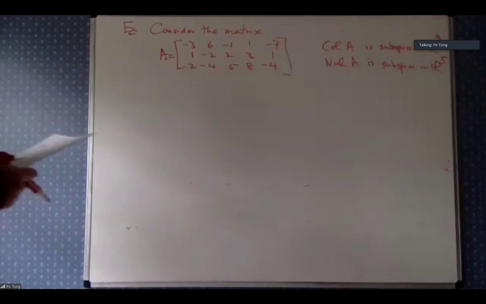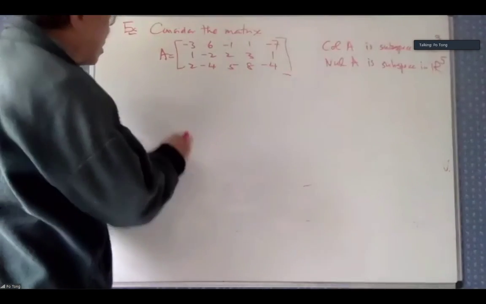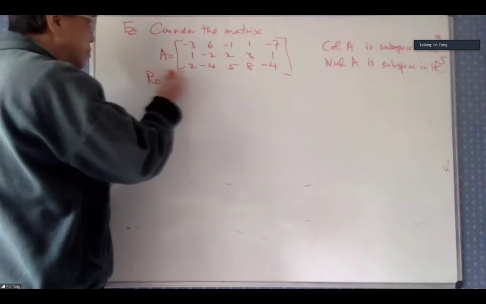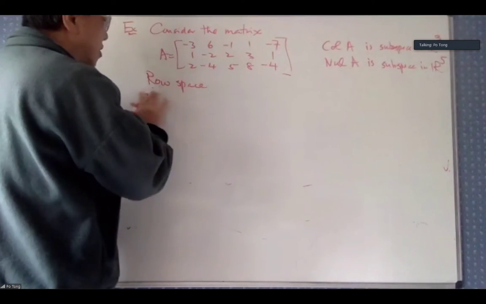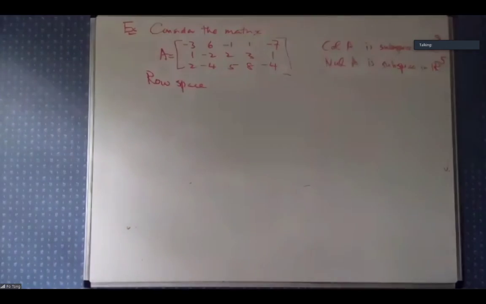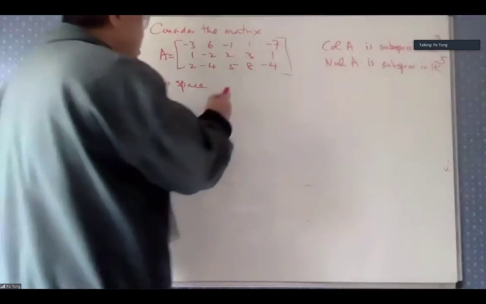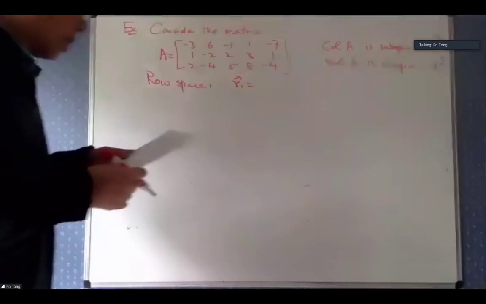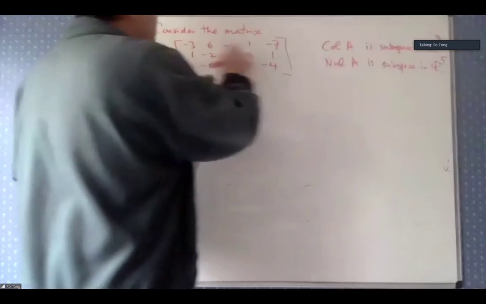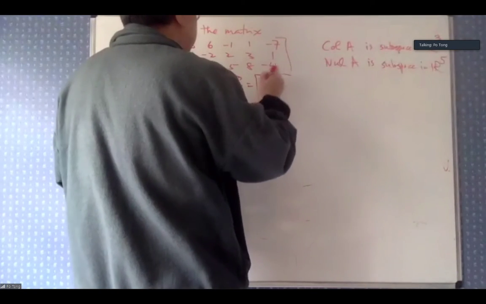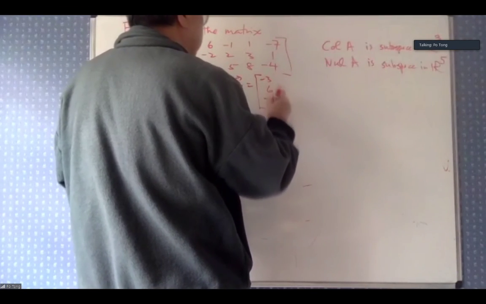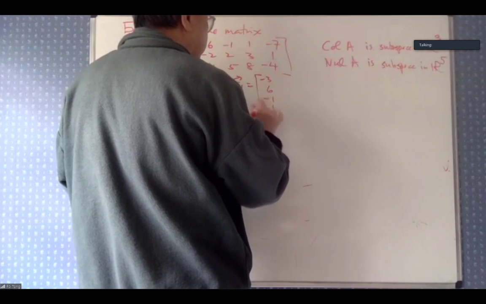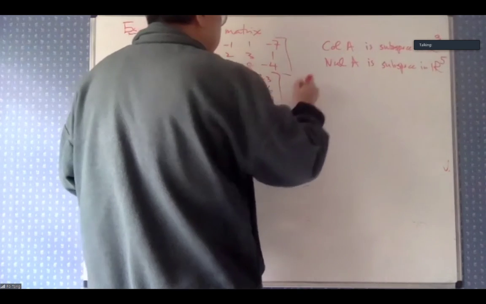Okay. I need to talk about the concept of row space instead of column space. For this matrix, row 1 is actually this row, but if you want to write it as a vector, it's this guy. Row 2.